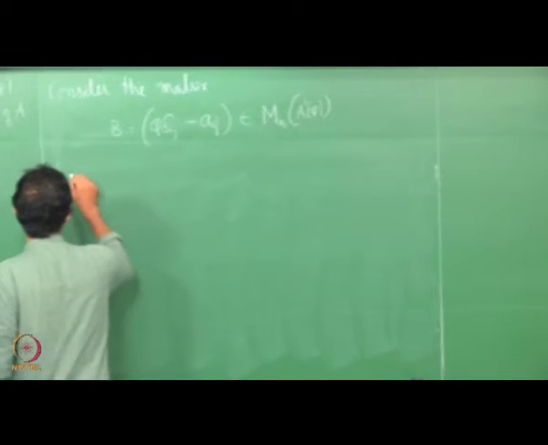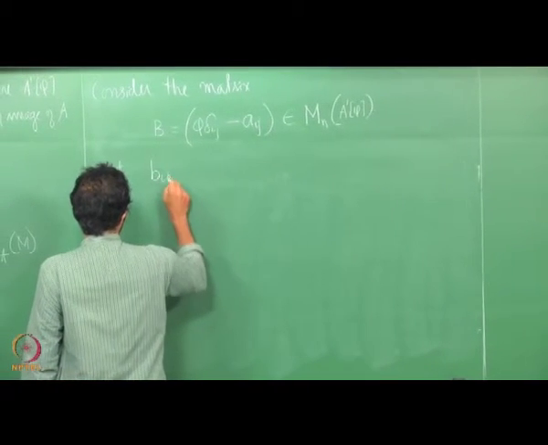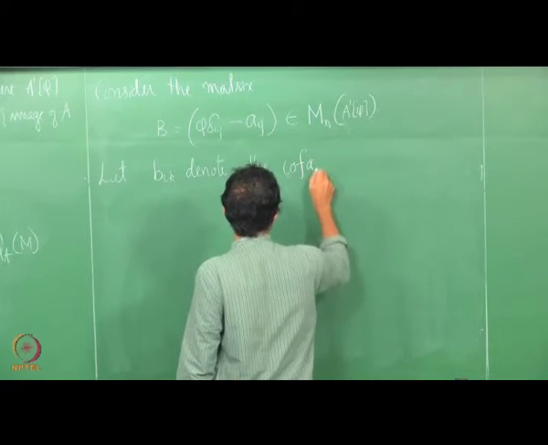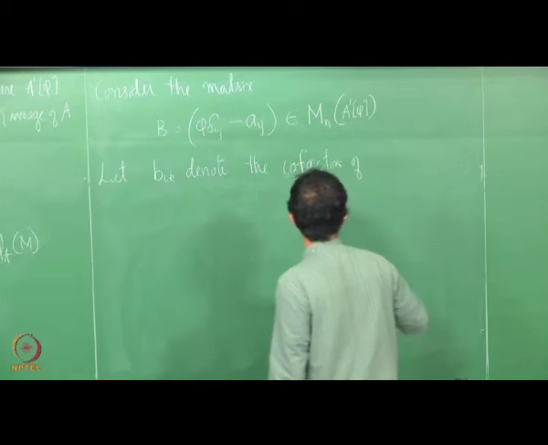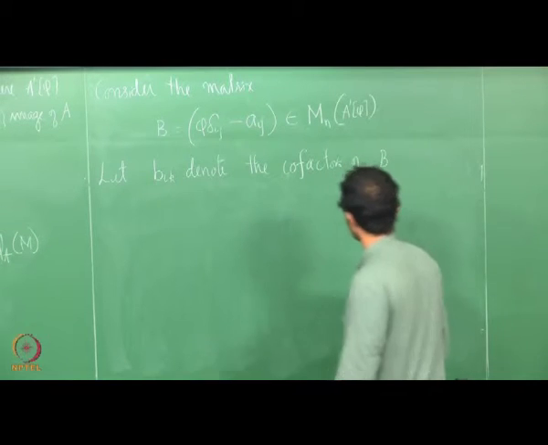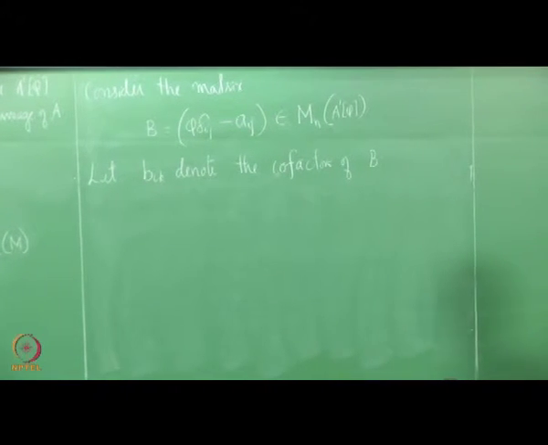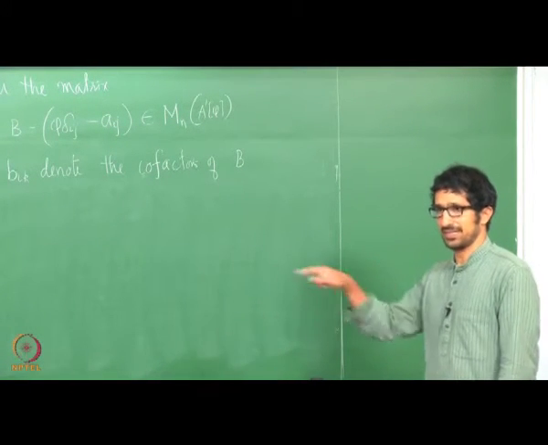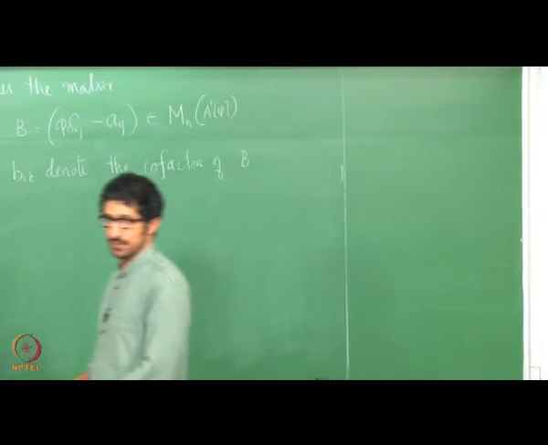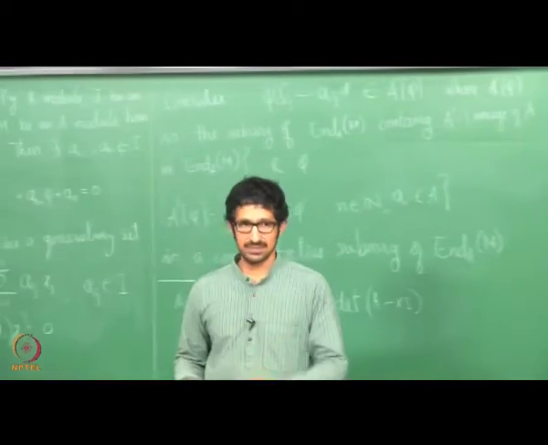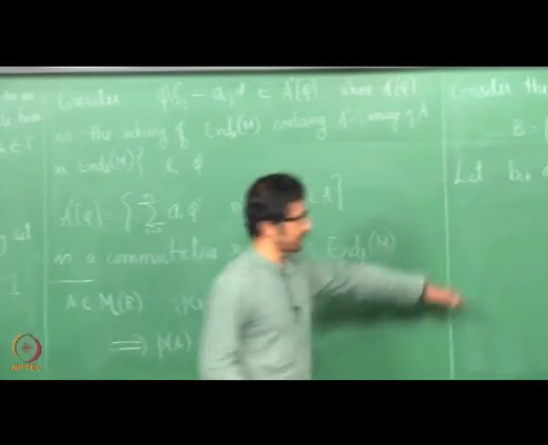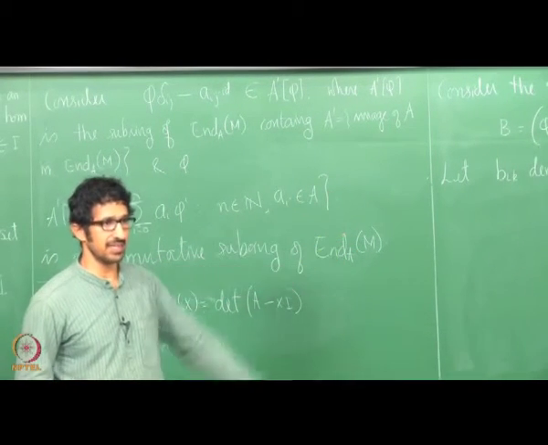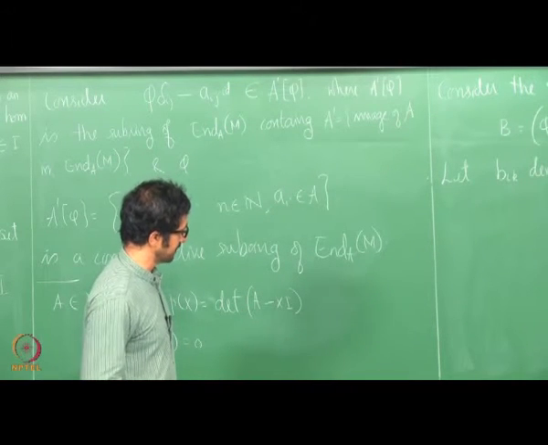Now, let B_ik denote the cofactors of B, that is, B_ik is the determinant of the matrix obtained by removing the ith row and kth column. And we are just proceeding in the manner that one proves the Cayley-Hamilton theorem. There is nothing more to it.